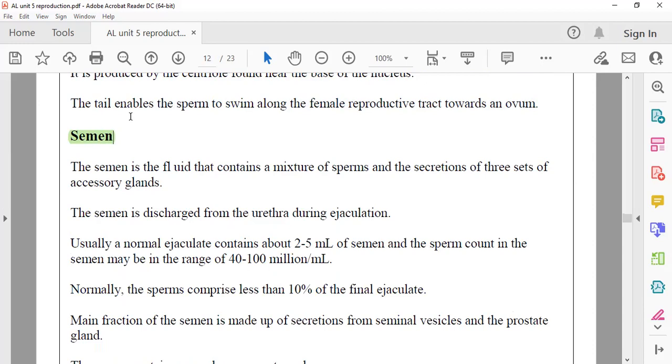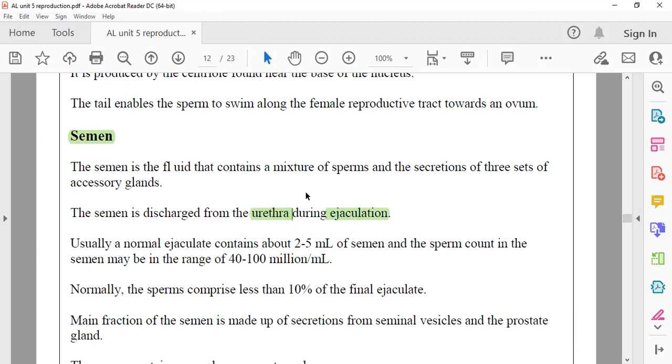Semen is a white colored liquid that is ejaculated, released through the urethra of a male.